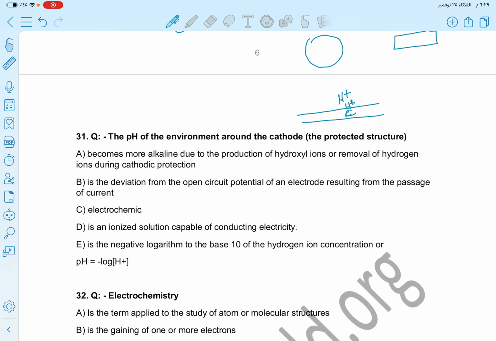For hydrogen, for example, the hydrogen ion will come here, react with the electron, and we will get hydrogen gas.